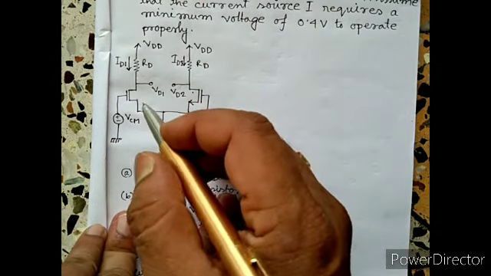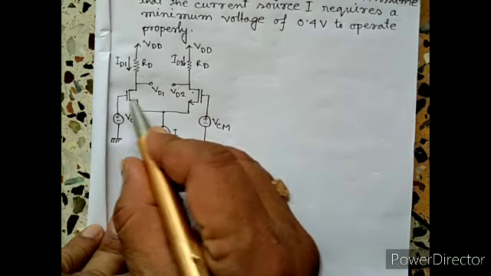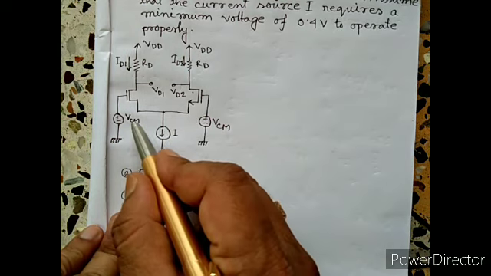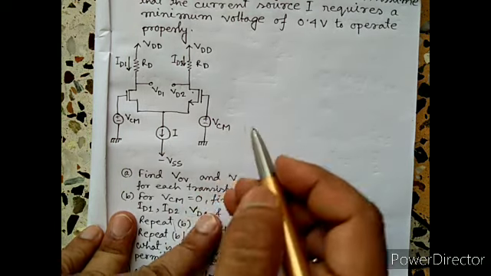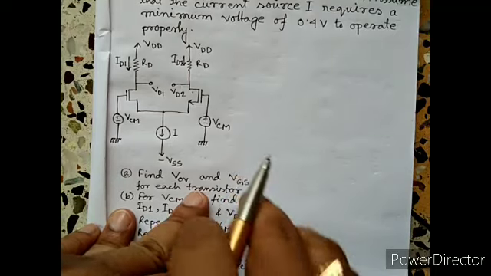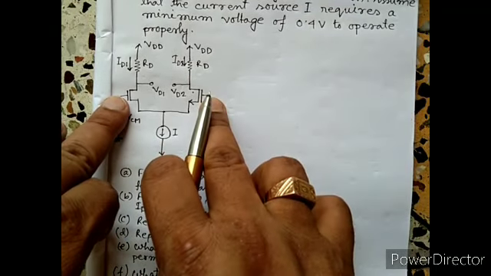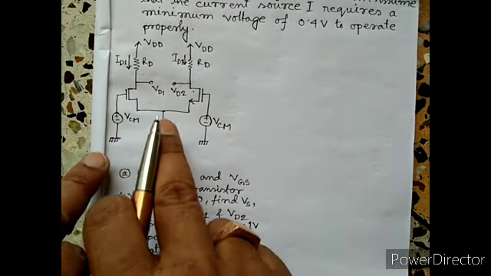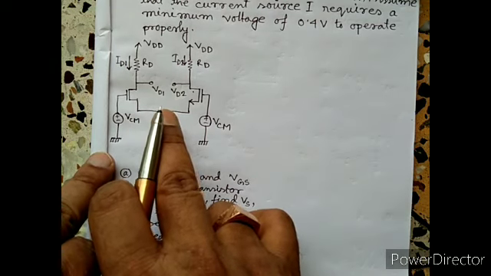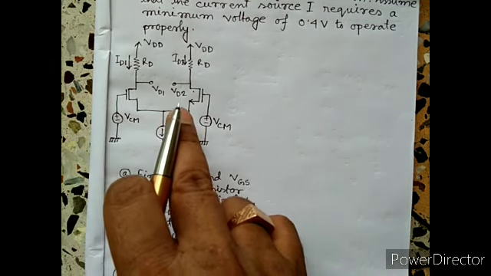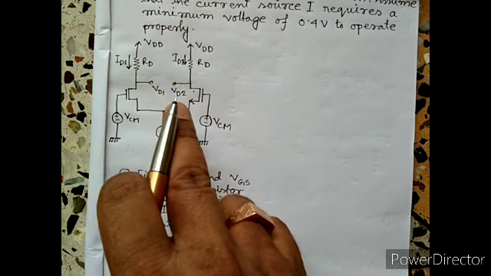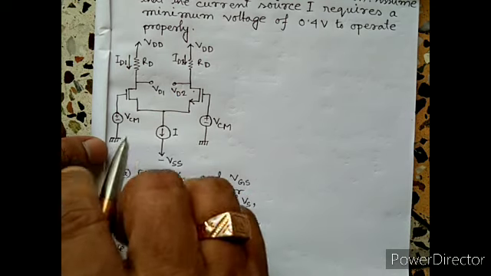In the figure you can see that two transistors are there and VCM is the common voltage applied across the gate terminals. This is a differential pair amplifier configuration.